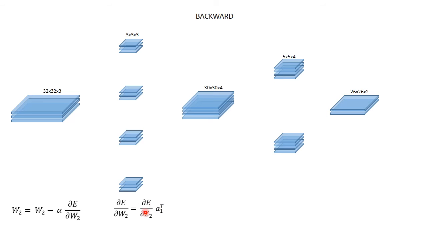And this delta E, we know it because it is in the output layer, so it is defined as minus the error times the derivative of the ReLU function with Z2. So when we replace this term in the first equation, we have this.